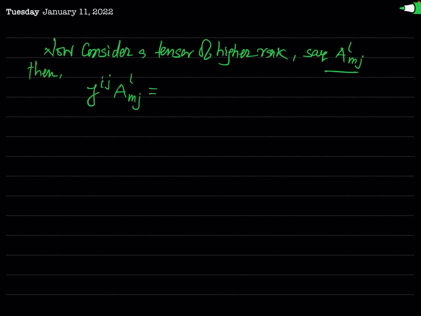So by the technique which you have learnt just now, you can write that this will be a tensor A super il sub m. And again this tensor A super il sub m will be an associated tensor.